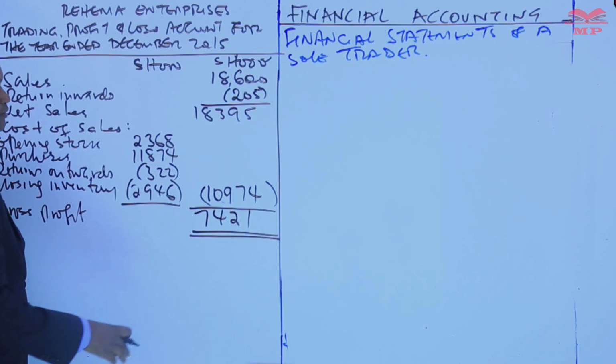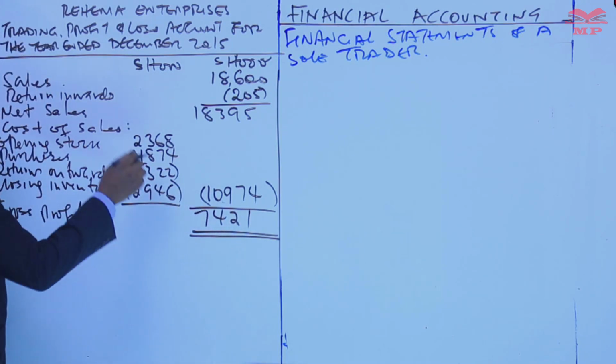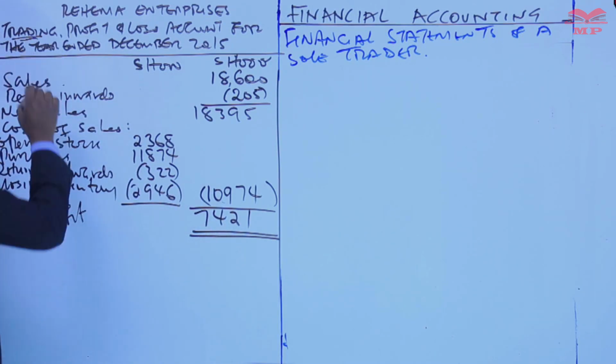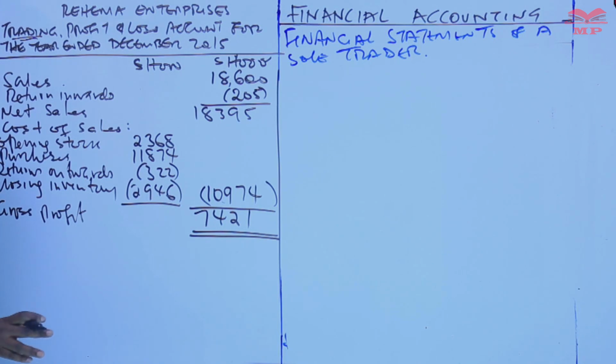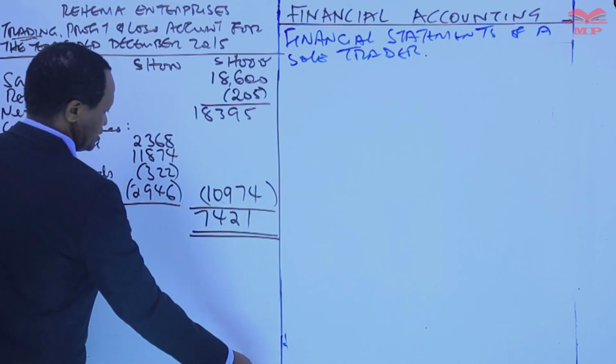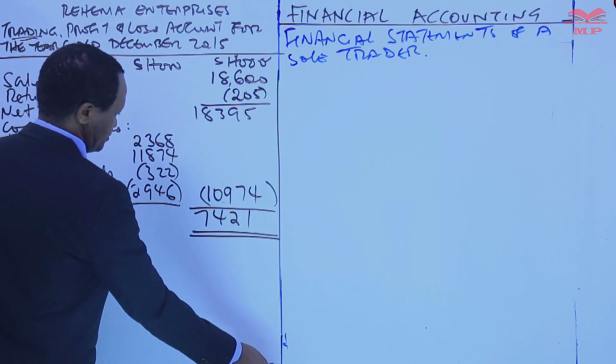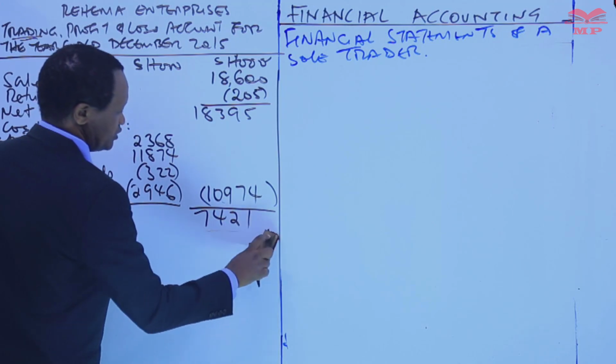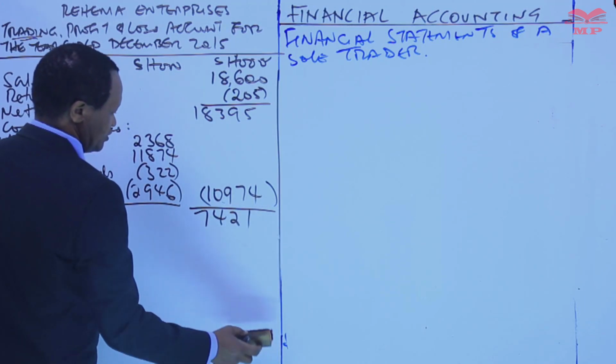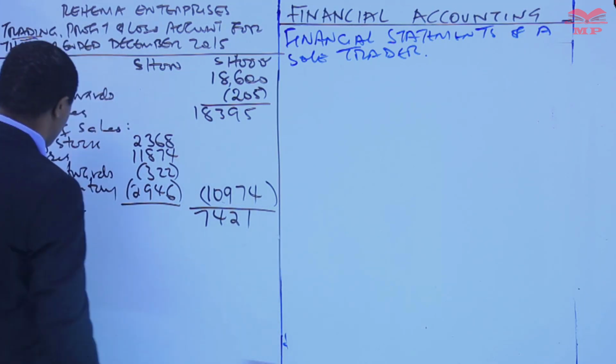Now, candidates, up to that point, that is the trading account. The last item in a trading account is either gross profit or gross loss. We've done the trading account and we've seen that there is a gross profit.